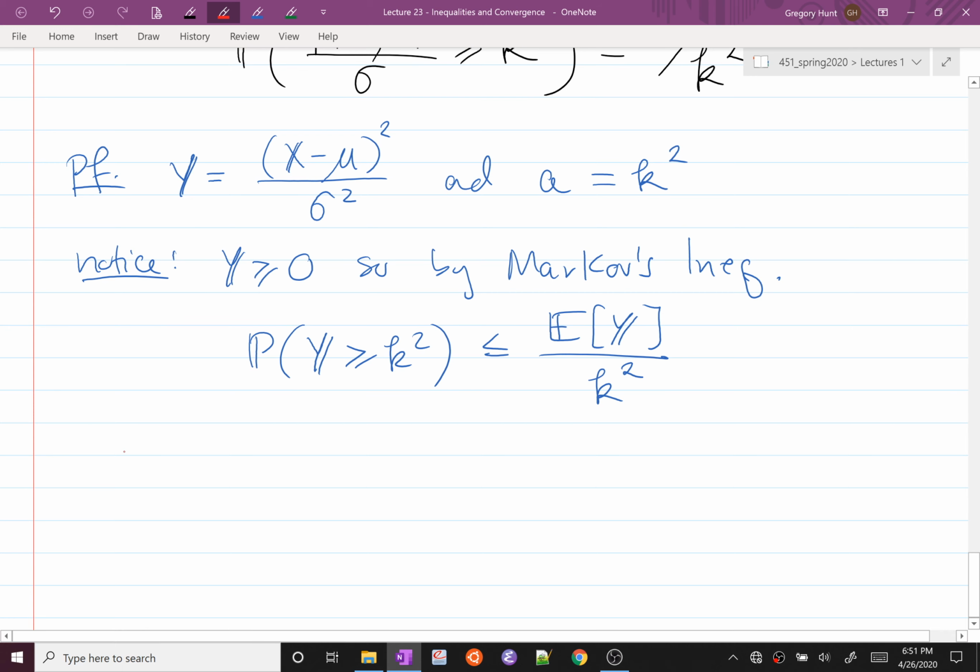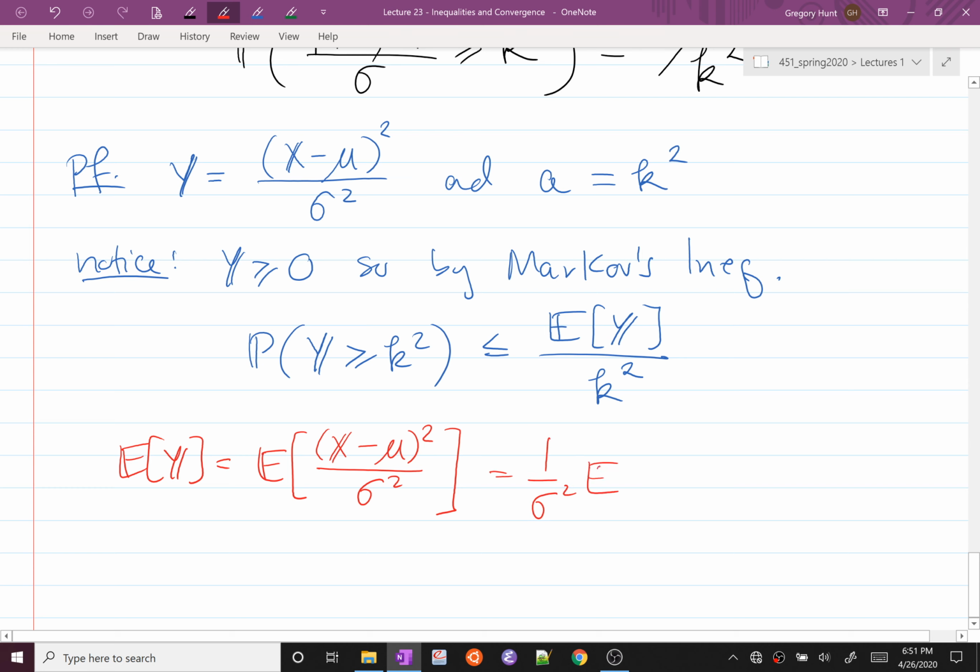One, expected value of y is the expected value of x minus its mean squared over its variance. I can pull out that variance. It's 1 over sigma squared times the expected value of x minus its mean squared.